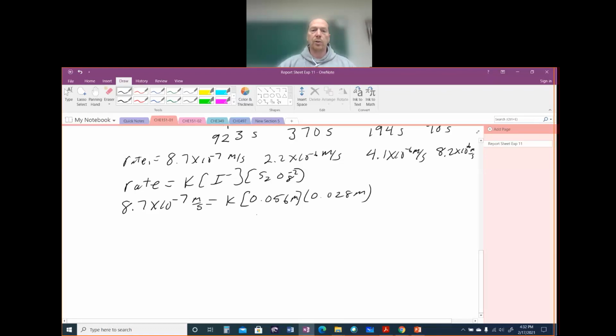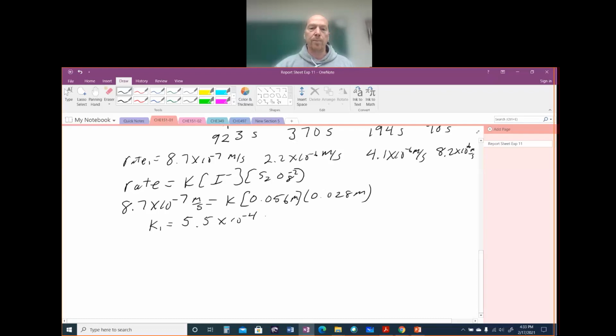All right, divide both sides by 0.056, divide both sides by 0.028, and you get k1 for the first temperature, the ice bath, and that's 5.5 times 10 to the minus 4. And this is a second order reaction, and you can figure out the units by dividing by molarity.